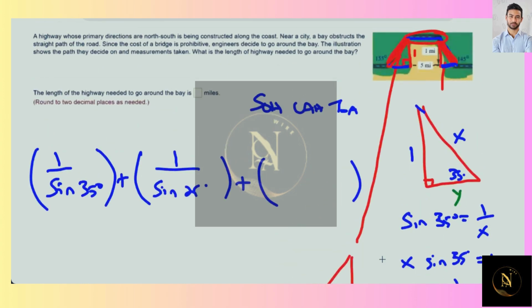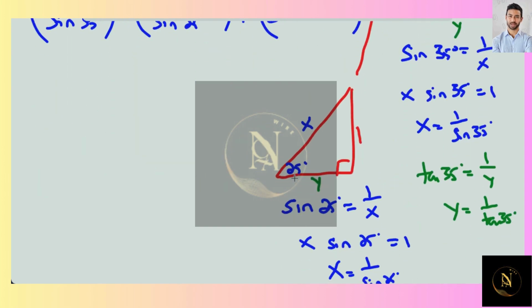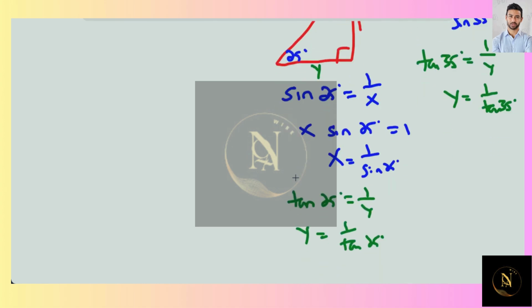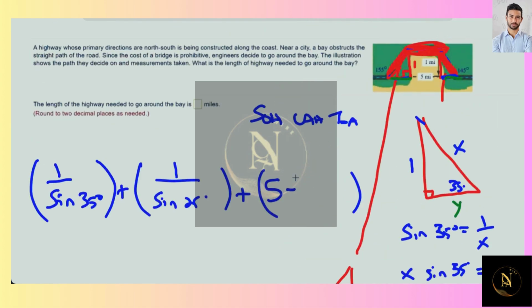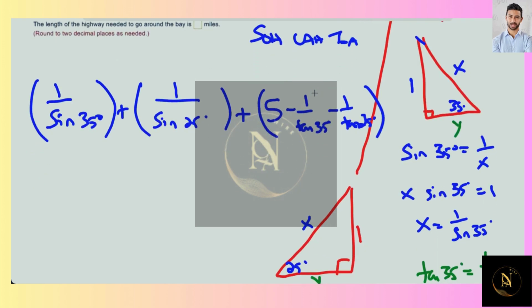Okay, so that would give us those bases, which we could subtract from 5, meaning that third part of the road at the top would be 5 minus 1 over tangent 35 minus 1 over tangent 25. Those would be subtracted away from that horizontal, and this would be our total.